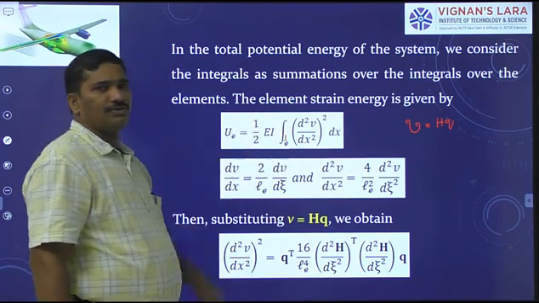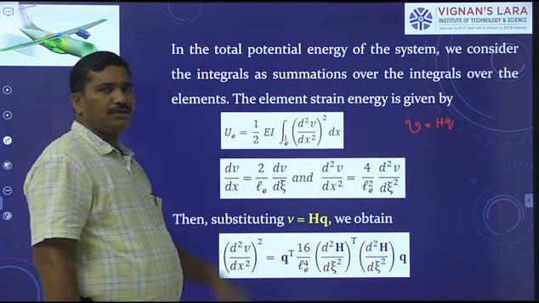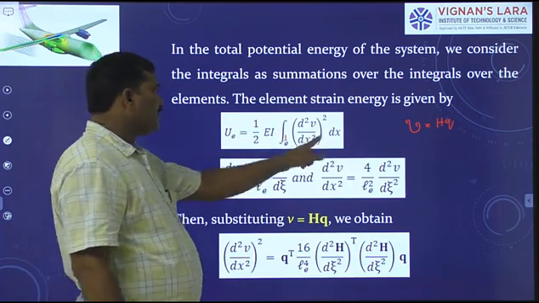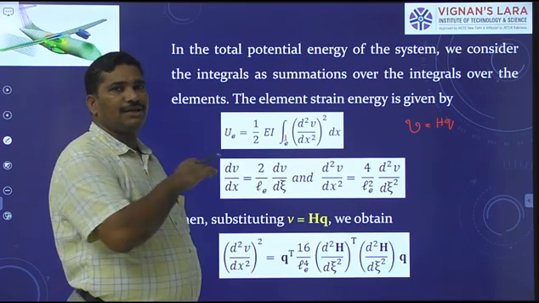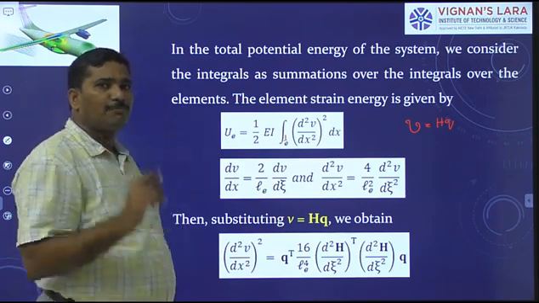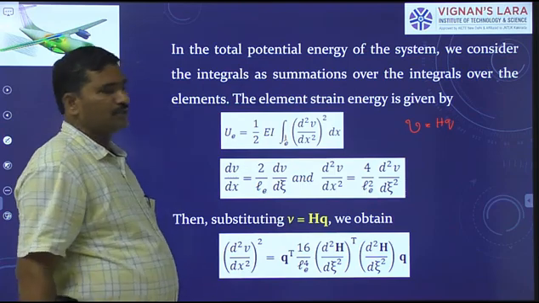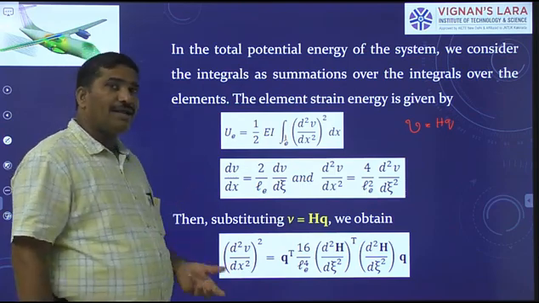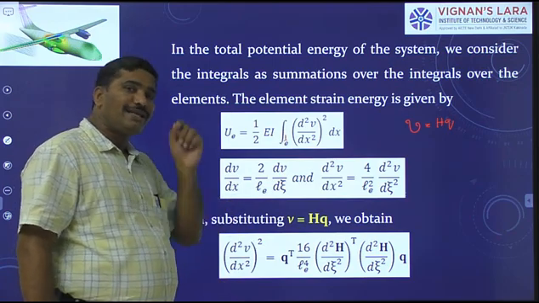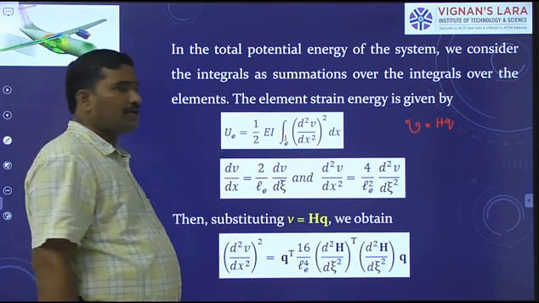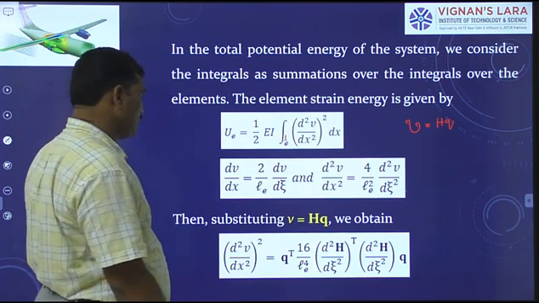This expression we know. Where x is the Cartesian coordinate, the global coordinate considered to define any point in the beam. We take ξ as the local coordinate to define any point in the element. ξ is the natural coordinate.